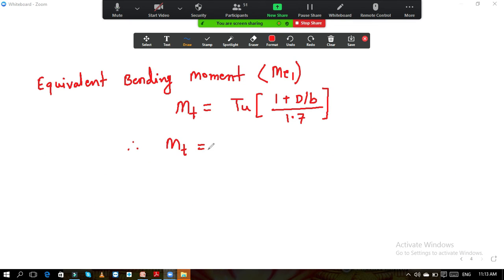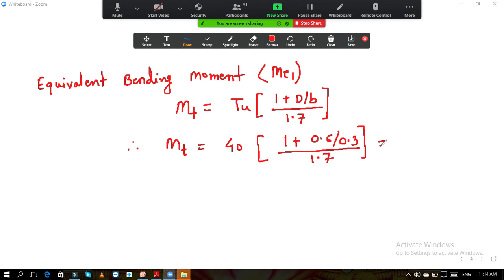So it is 40 into 1 plus capital D. Capital D is 0.6, in meter I am going to take 0.6, divided by b, the width of the section. b is 0.3, and whole divided by 1.7, close this bracket.